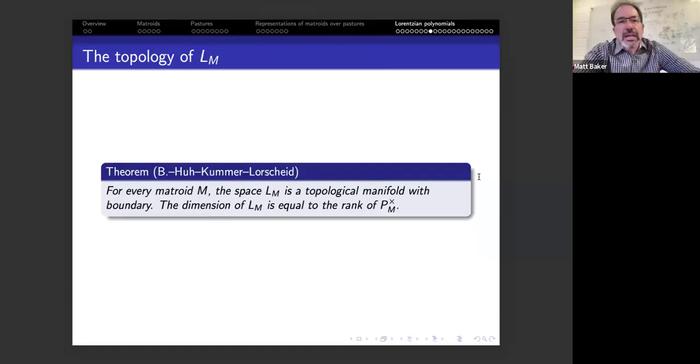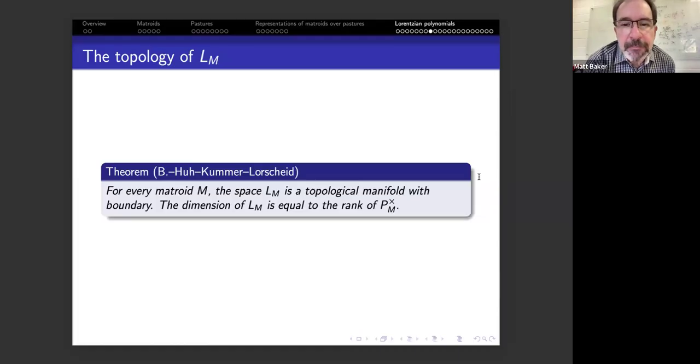All right, anyway, here's the connection now between these two parts of my talk. The first connection is this theorem. For every matroid, the space of Lorentzian polynomials with support M is a topological manifold with boundary. This is already not obvious, but in particular has a well-defined dimension.